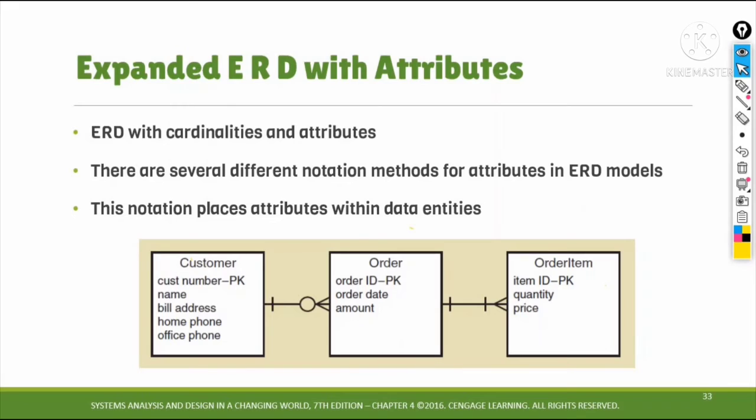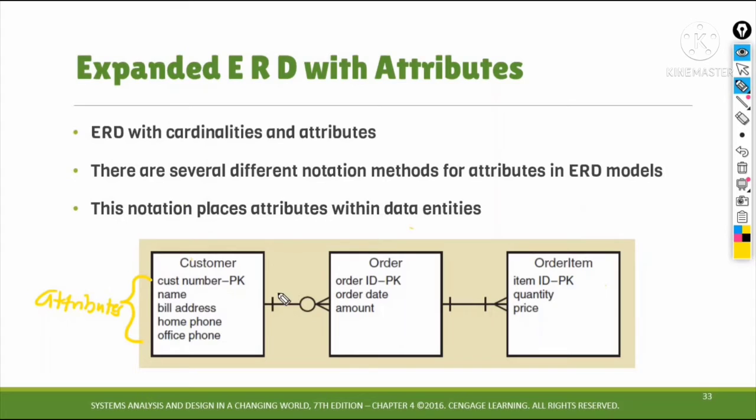So this example also shows some of the attributes of each data entity. So a customer has a customer number, a name, a bill address, and a home or office phone number.